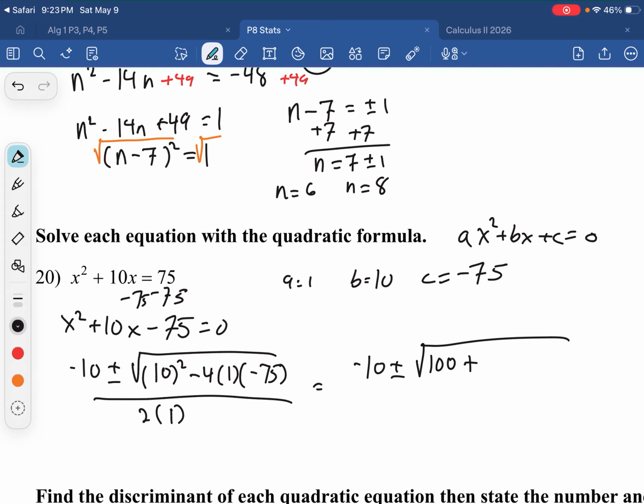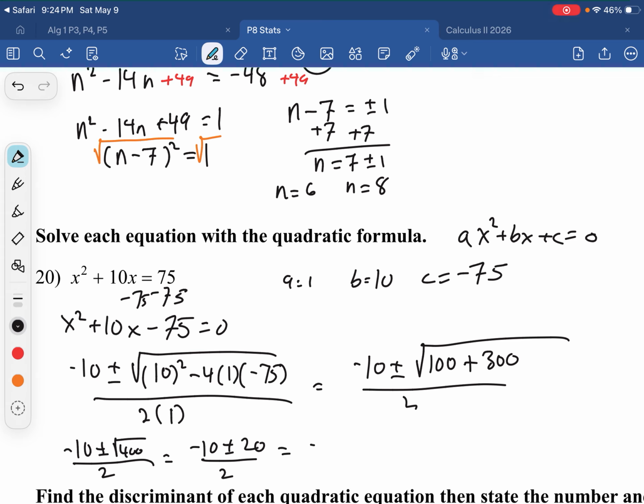This is going to end up being plus, and 4 times 75, 2 times 75 is going to be 150, times another 2 is 300, over 2. Negative 10 plus or minus the square root of 400, over 2. The square root of 400 is 20, and dividing 10 and 20 by 2 is negative 5 plus or minus 10.